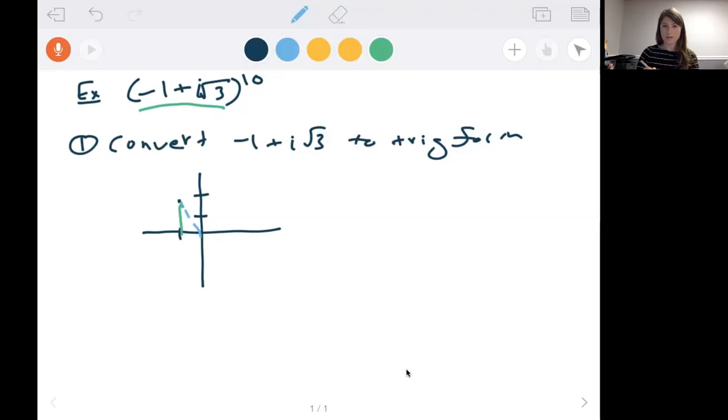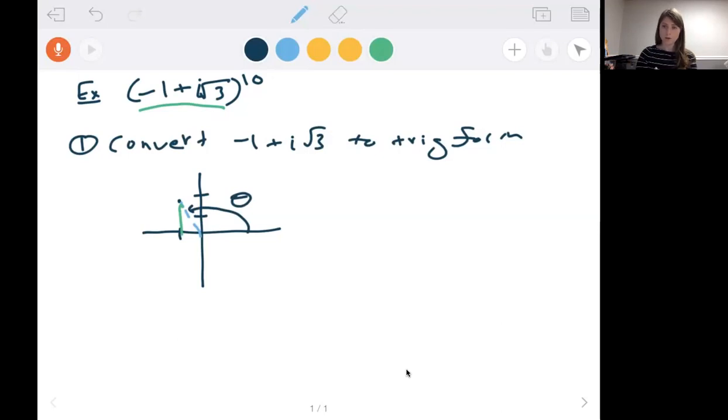Now, one of the downsides to this is when we think about our particular angle, we've got a bit of a problem. Not a big problem, but when we think about -1 + i√3, the angle that we're thinking about is the rotation angle starting from the x-axis to get us where we want.